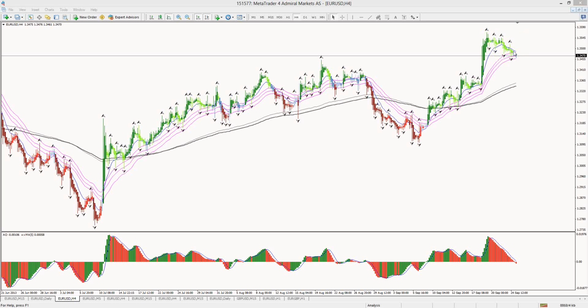Now, it doesn't mean that that couldn't be a pullback, because if you look at other areas, like here on the left, those could definitely be pullback moments, right? So as long as we stay above the band on the 4-hour chart, we're still in a bouncing spot for the euro. That's basically what it boils down to. Let's take a look at the day chart first.